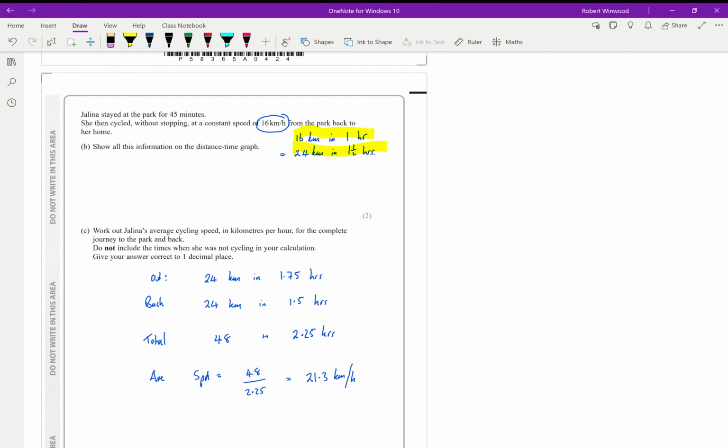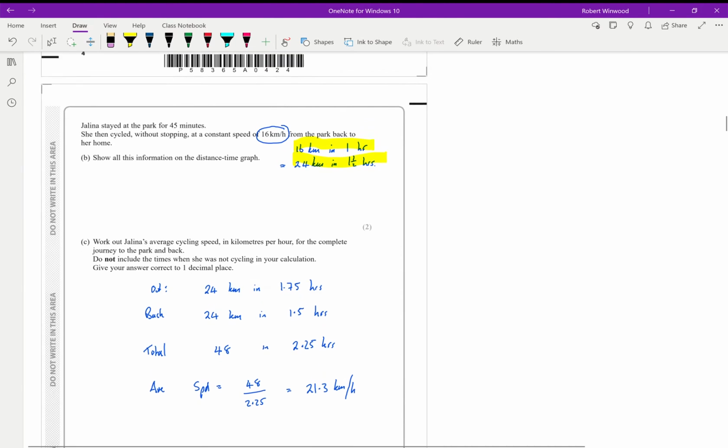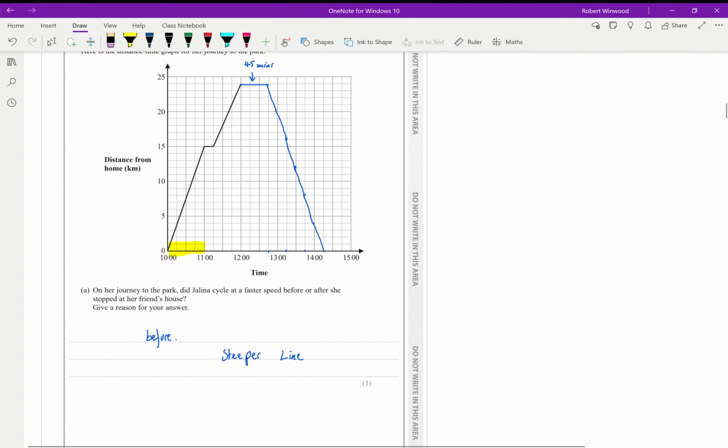So work out the average cycling speed for the whole time that she was pedalling, not including the rest stops. On the way out, I know that that distance and that distance added up to 24 kilometers. And I know that she took an hour to do this part of it, and she took 1, 2, 3 little squares, so 45 minutes to do that part of it.